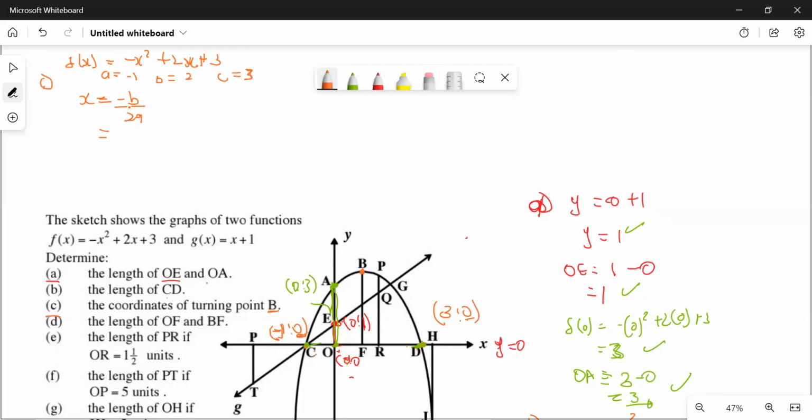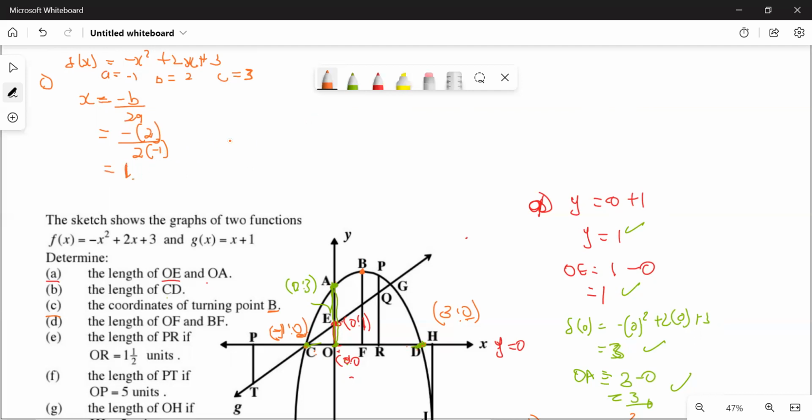So you have minus open bracket 2 all over 2 multiplied by minus 1. And then what you get? Minus 1 or 1? 1. We get 1.